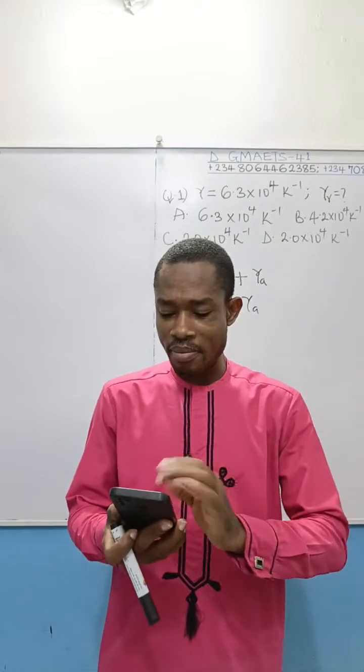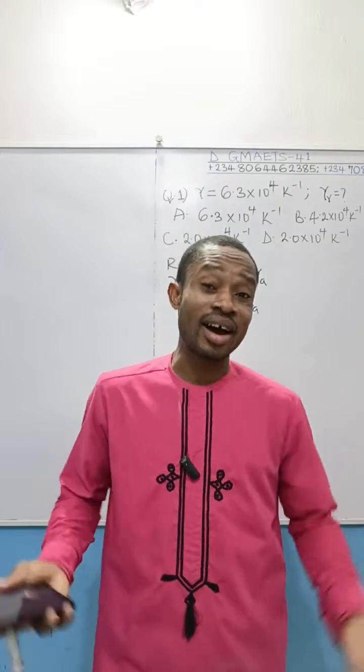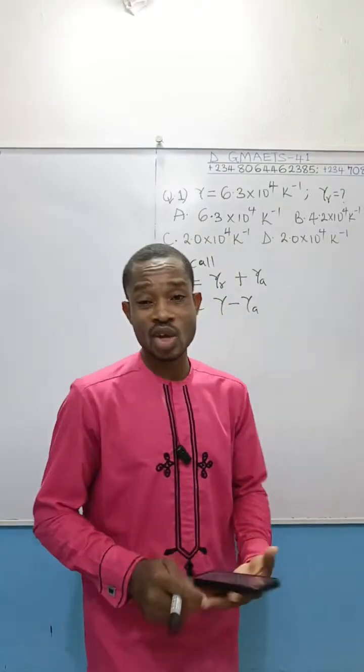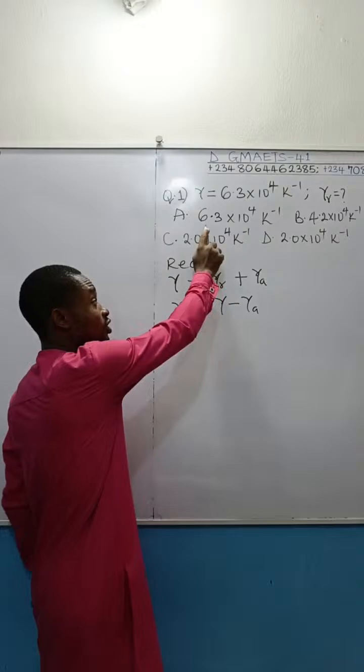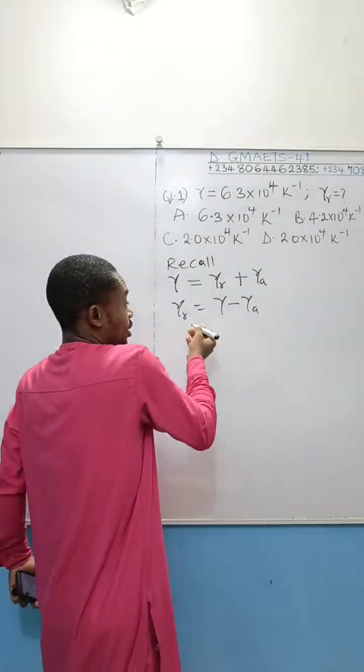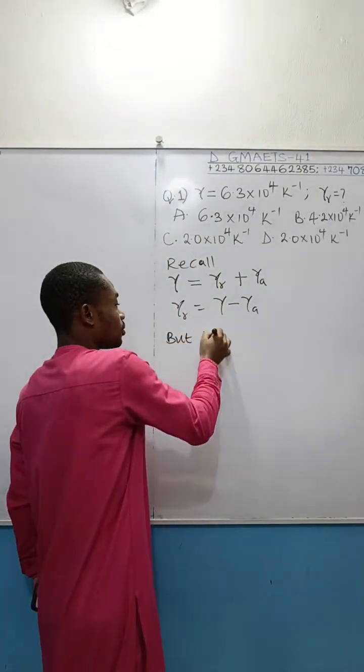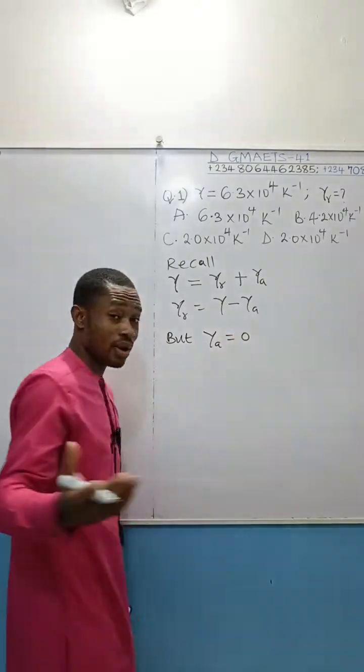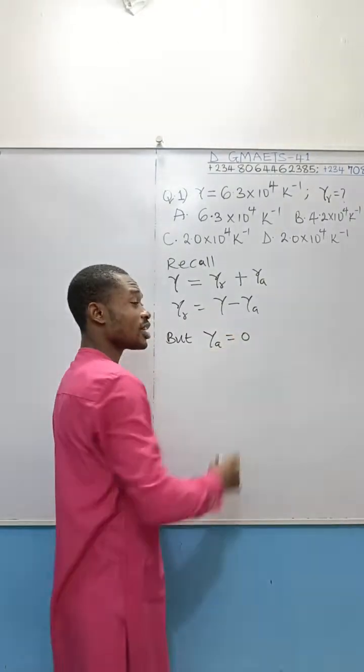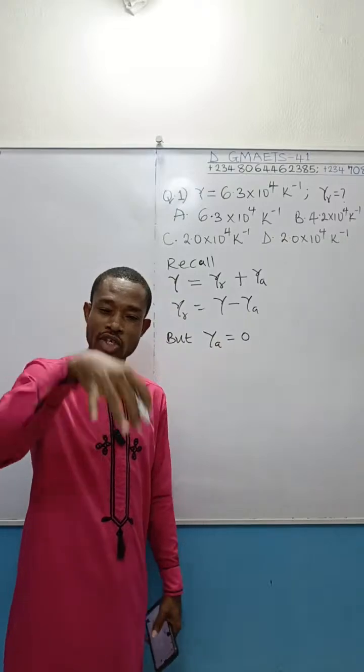But since this is a metal, are you following? It is a metal. We assume that no liquid is contained, and that is why I am tending towards this option. So I can assume that this is equal to 0. Remember what I said, for there to be apparent expansivity, we expect the metal to contain some liquid.